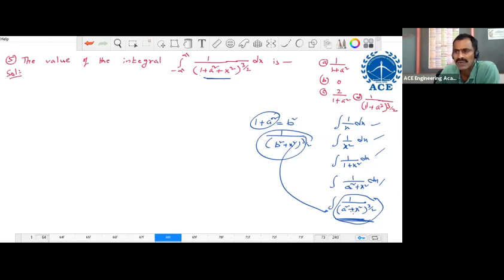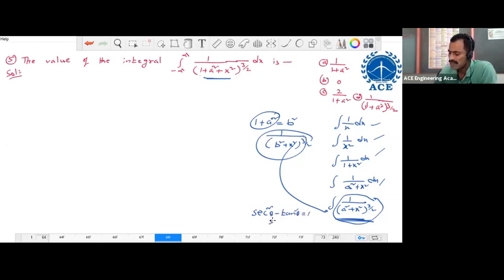But here we have a square plus x square, so we use one of the other two identities, either secant and tan or cosecant and cot. We are habituated with tan and secant, so we use secant square theta minus tan square theta equal to 1.